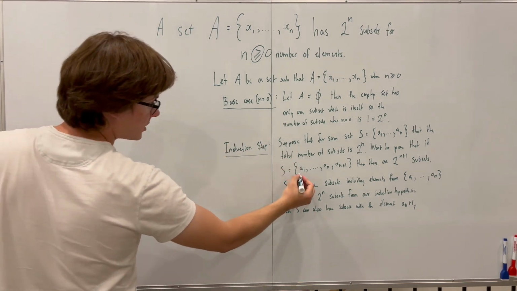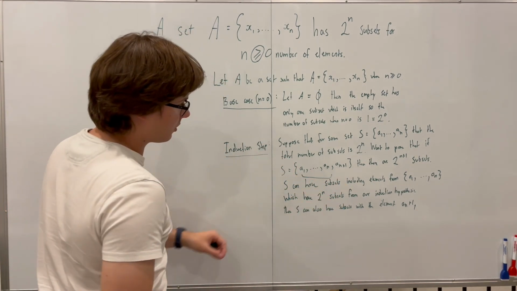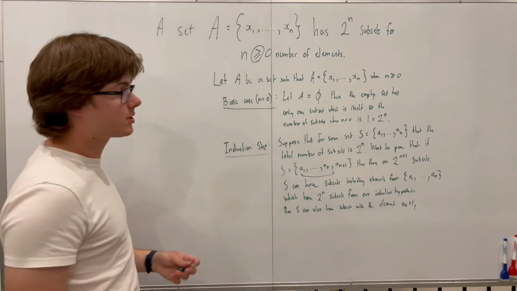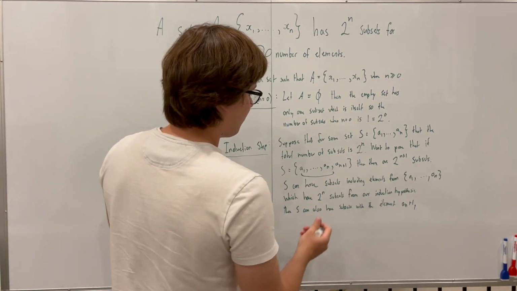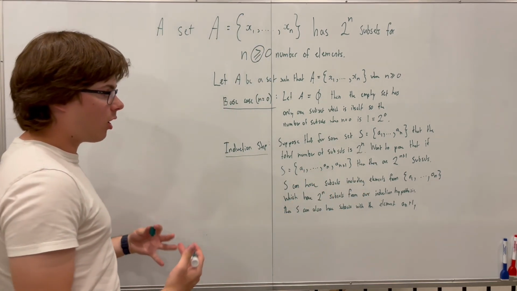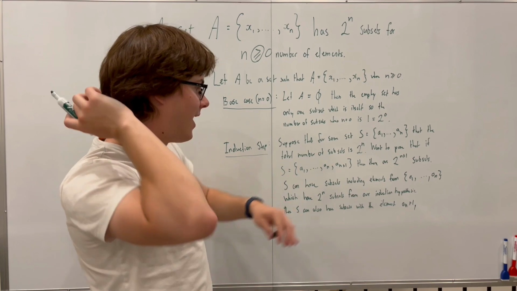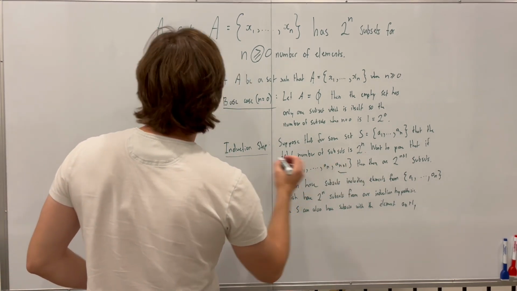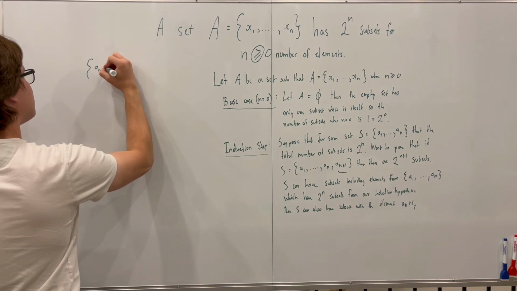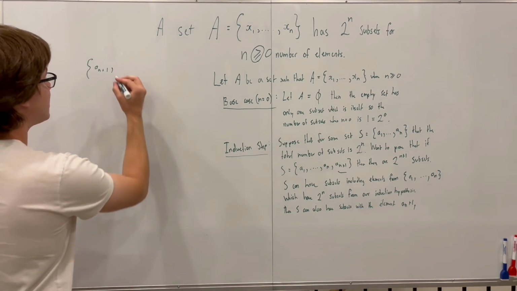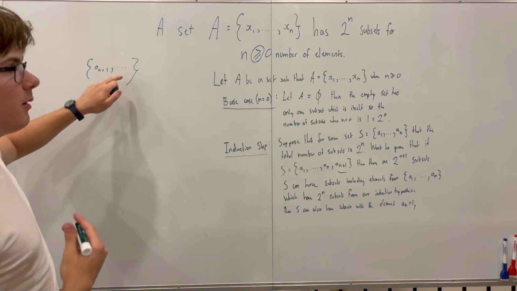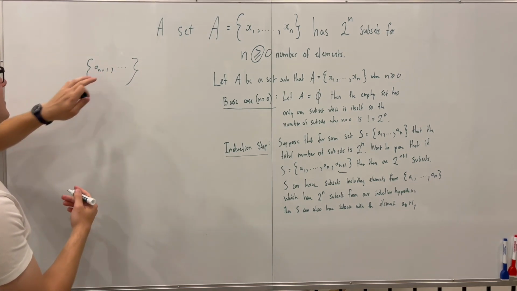So we've already seen that if we're just looking at the number of subsets that have just the first n elements, we know there's going to be 2 to the power of n possible subsets. But then if we look at all of the subsets that have an plus 1, if we look at the remainder, we're basically asking if you have an plus 1 as a fixed element, how many possible subsets can you make when this is fixed?